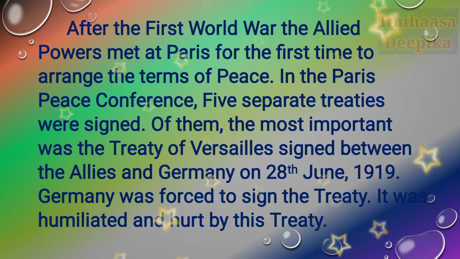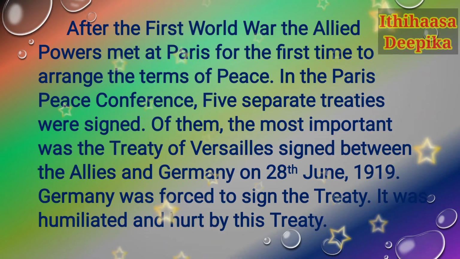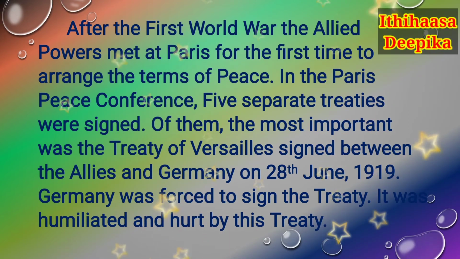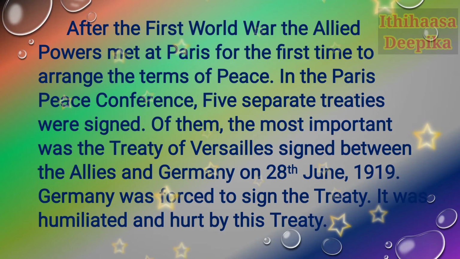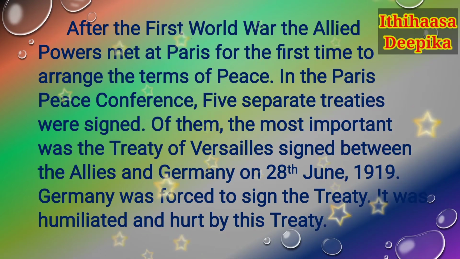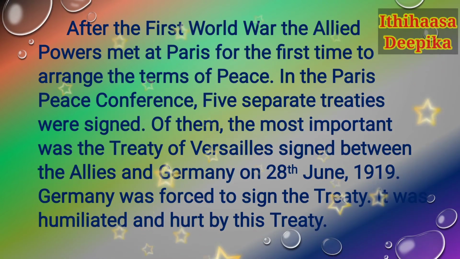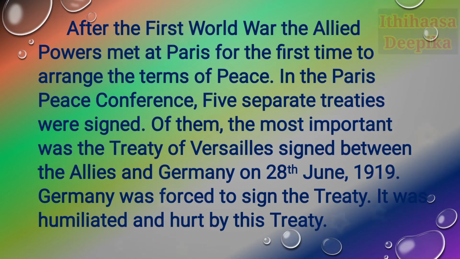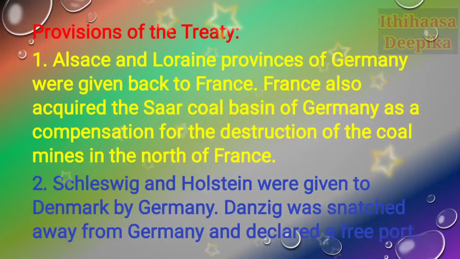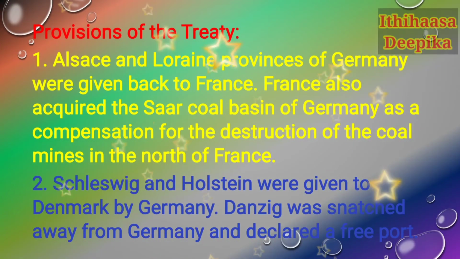Among them, the most important was the Treaty of Versailles, signed between the Allies and Germany on 28 June 1919. Germany was forced to sign this treaty. Following are the important provisions of the treaty.